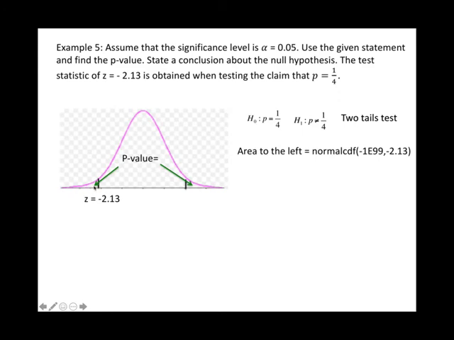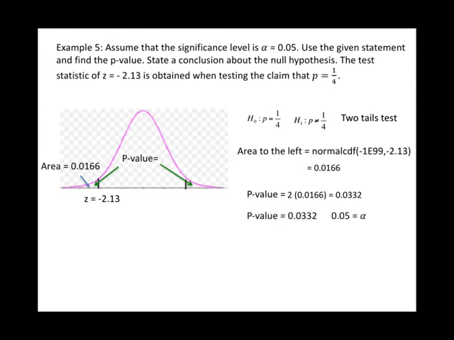Area to the left: normal CDF, lower value negative 1e99, upper value negative 2.13. This is only the area to the left. Use your calculator. Now that I have the area to the left, how can I find my p-value? You're going to multiply by 2, right? We assume the area of the left tail equals the area of the right tail, so we just multiply by 2.